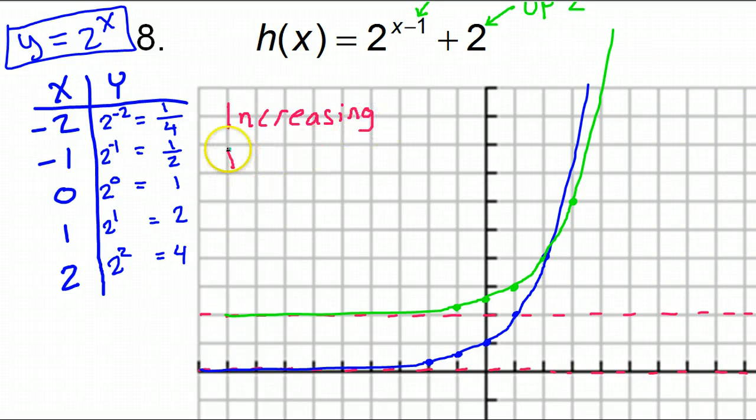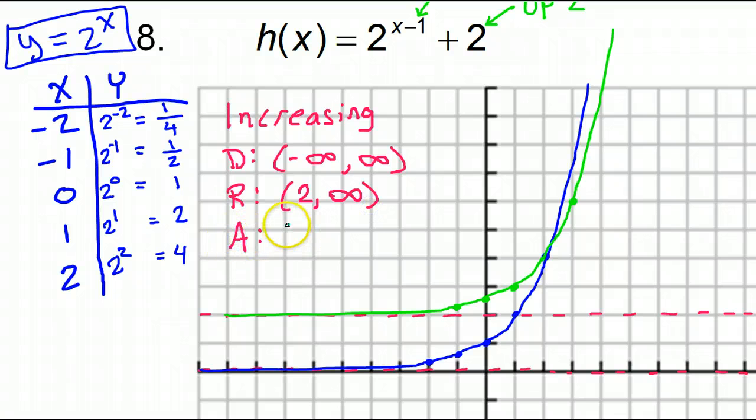The domain: negative infinity to positive infinity. The range will go from the asymptote on up, so the range is going to be 2 to infinity. And the asymptote is going to be y equals 2. Do not forget your equals.